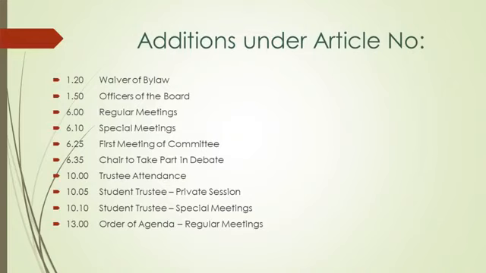So if 2/3 of the people at the meeting want to discuss something, then you can waive the bylaw and have it discussed. The officers of the board, we put in some descriptions of what their duties were.